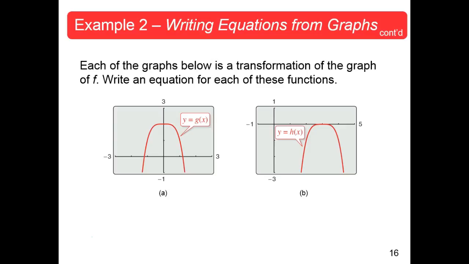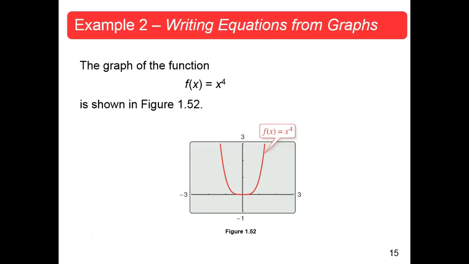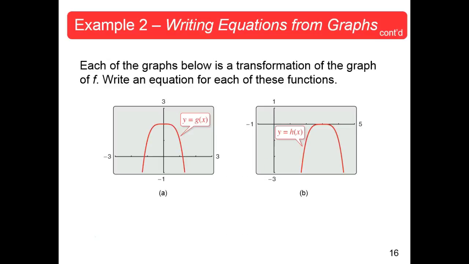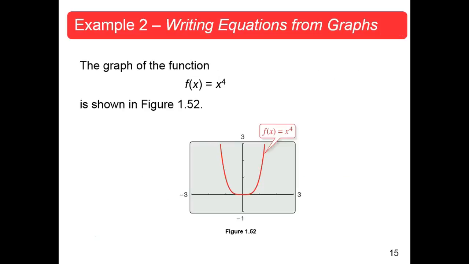What do you reckon this one did to what we had before? This first one here, the A one. How did it change that to become this?